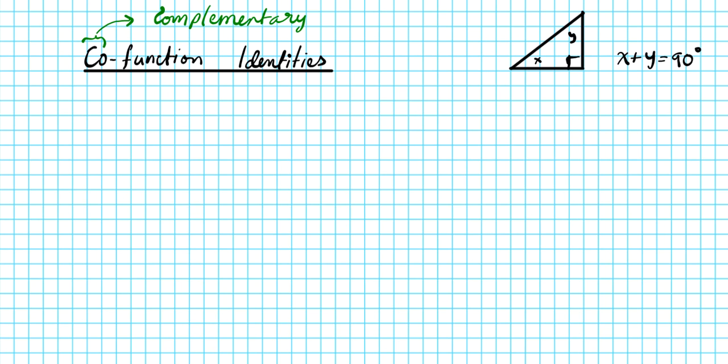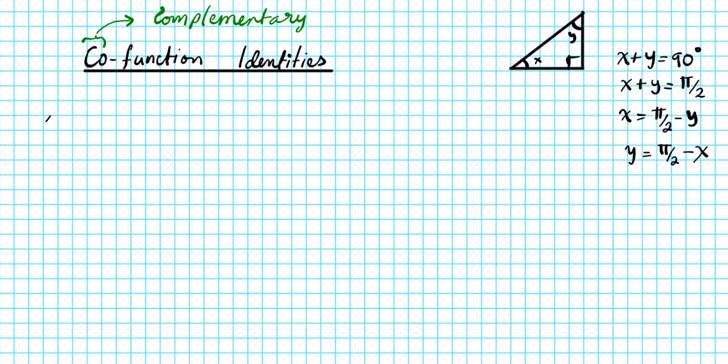They're basically complementary angles. So this is the main idea of cofunction identities. So x plus y equals pi over 2. And then we can say that x is pi over 2 minus y, or you can say y is pi over 2 minus x. So when you see co and cofunction, think complementary angles that add up to 90 degrees.